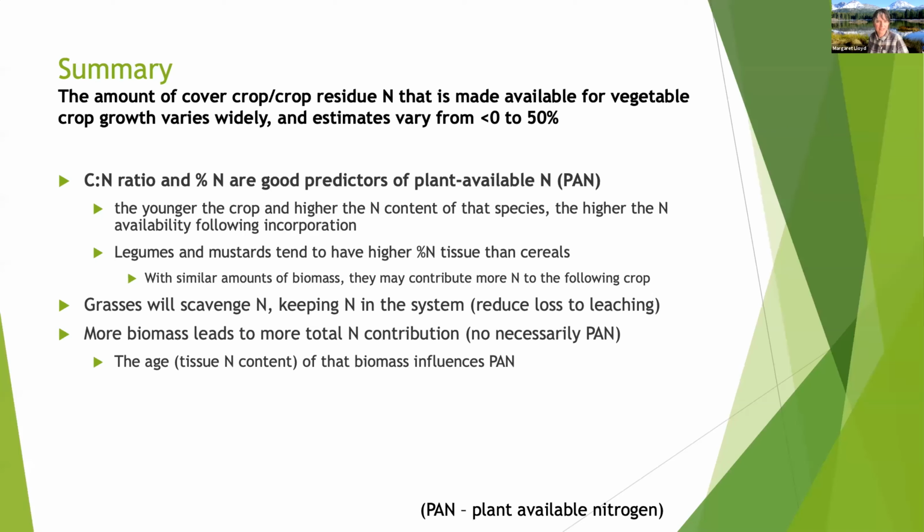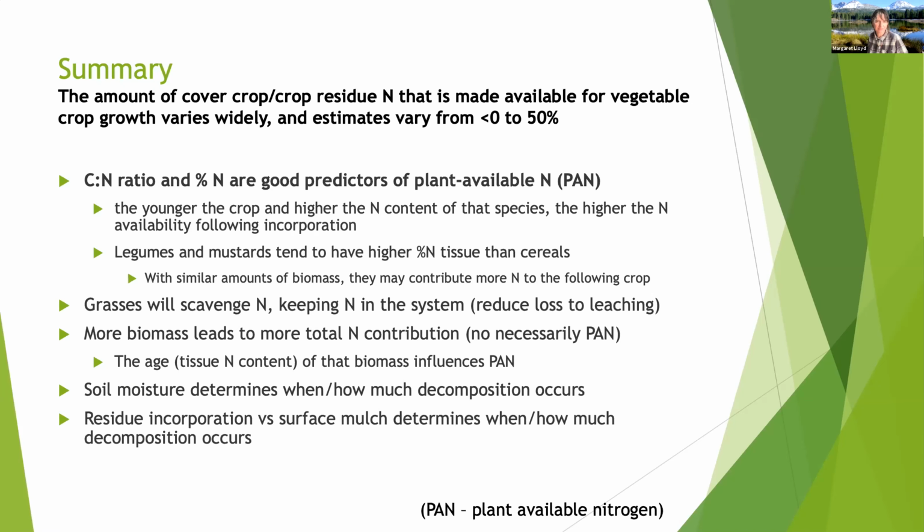And more biomass leads to more total N contribution, not necessarily plant available, but just more total N contribution. And the soil moisture is going to be a driver for when and how much decomposition occurs. And whether it's incorporated or surface mulch will also influence when and how much decomposition occurs.